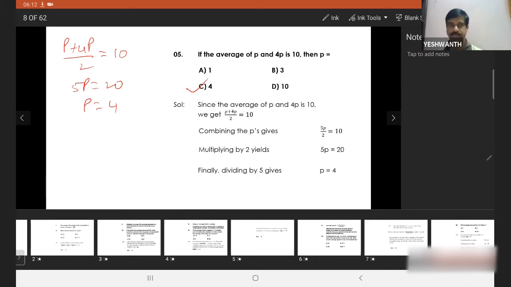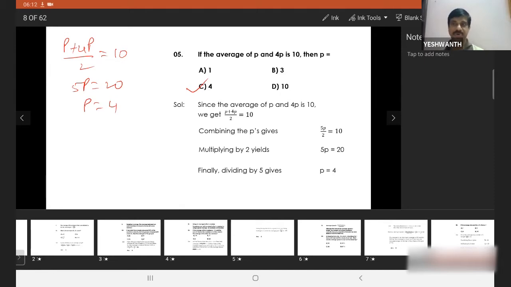This is the thing. So I'm always telling one thing, please take screenshots and store with you. And as soon as my class is over, please go through those things once and if possible, try to do without seeing. And immediately after that, please try to go through our DPPs, daily practice papers, work it out.